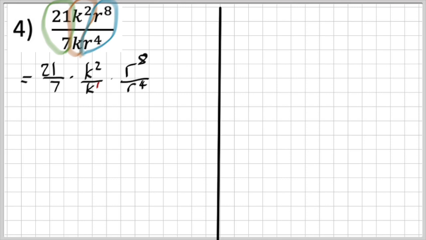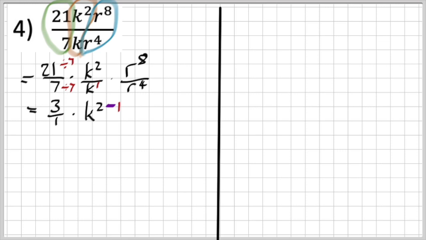First of all, I can divide the 21 and the 7 by 7, which leads me to 3 over 1. Can I apply law 1, or law 2 I mean, with the k's? Yes, I can, because it's division as well as same bases. So I can say this is k to the power of 2 minus 1.